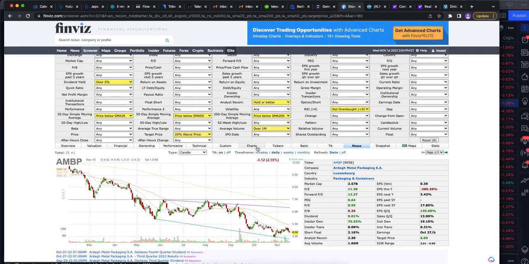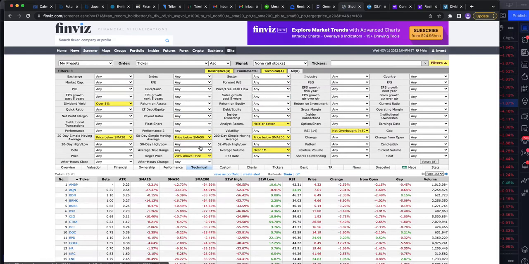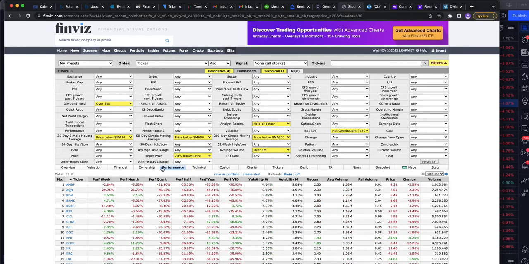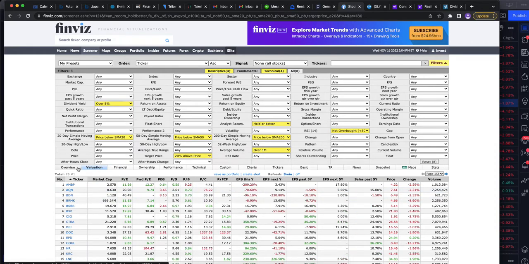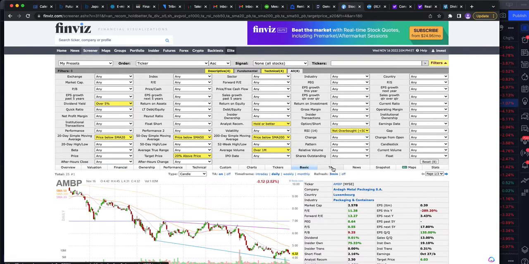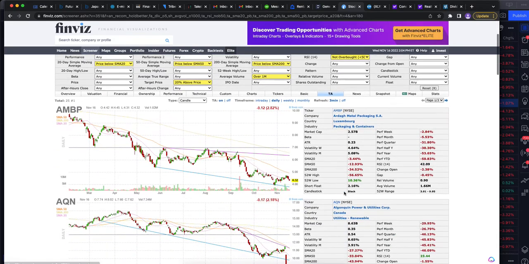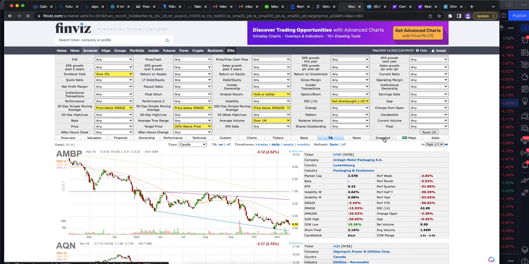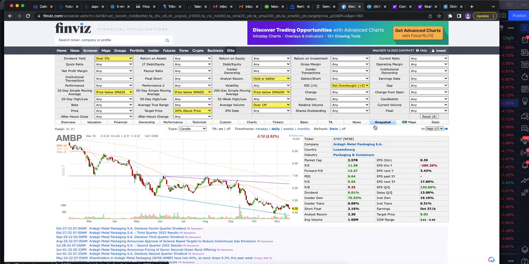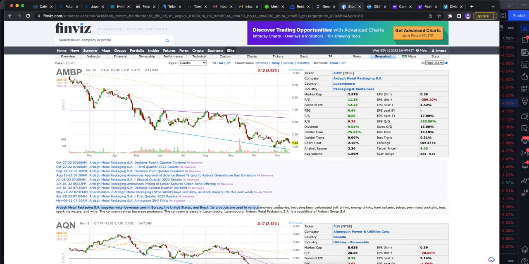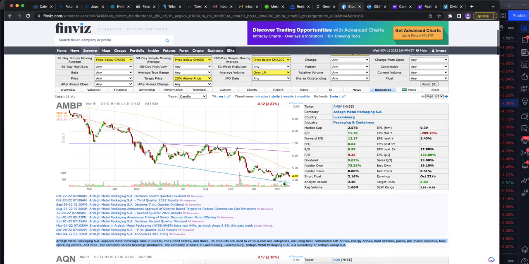But the one I'm looking for is technical, performance, ownership, financial, evaluation, basic, TA. Is that it? No. Snapshot. Yep, that's it. Go to Snapshot and you can get a description on what the company actually is. And you can do your research and see if it's something that you really want to get into.